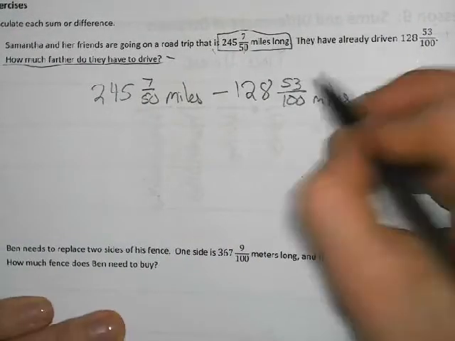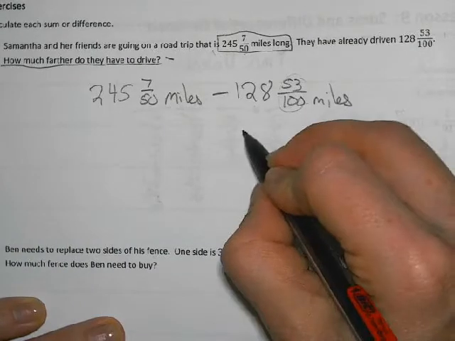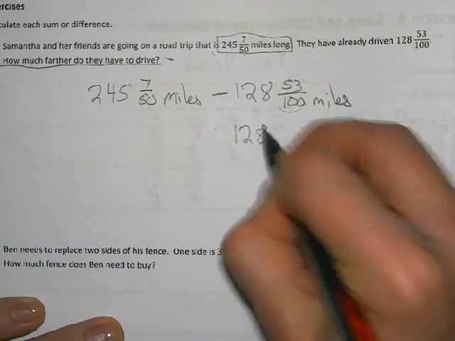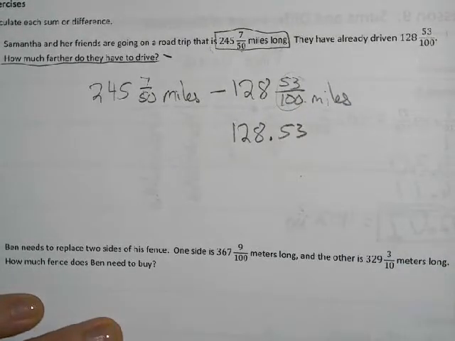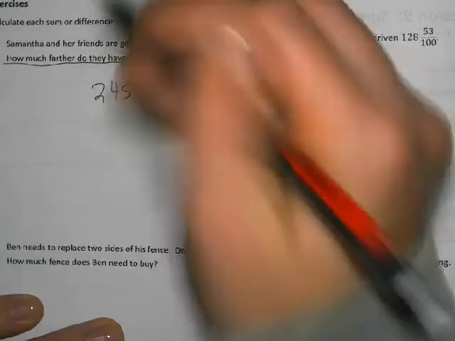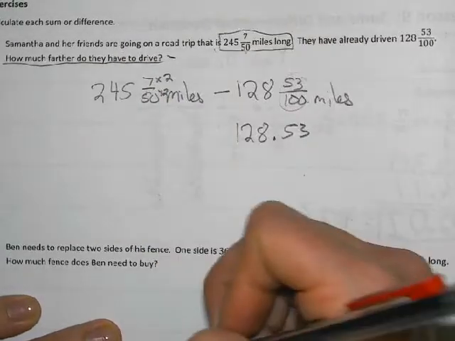So this one is already with the place value as my denominator, and so that means this one is already 128 and 53/100. Now this one I have to change because my 50 is not a place value, but 50 times 2 is a place value, so my equivalent fraction means I have to take 7 times 2.